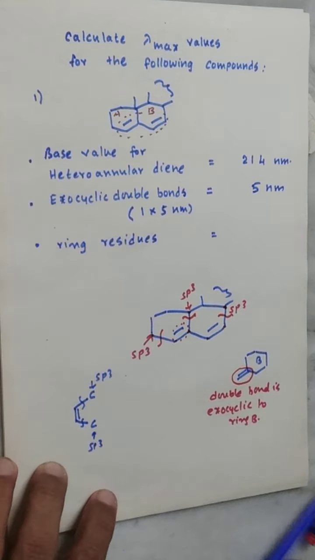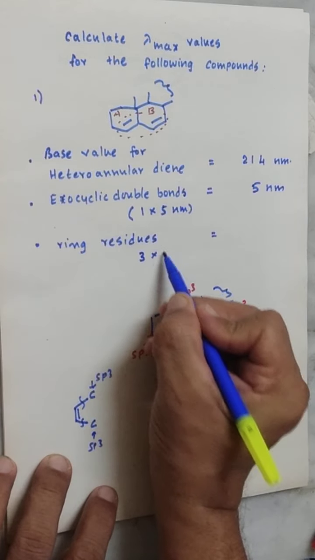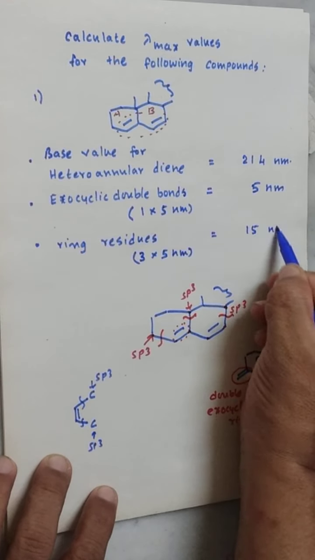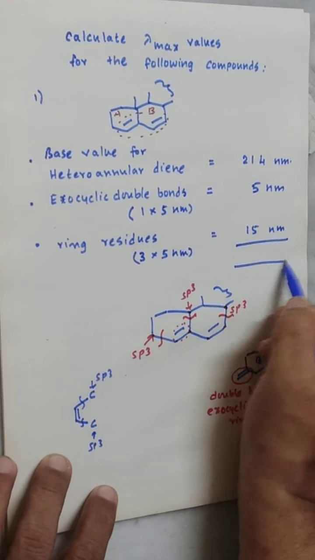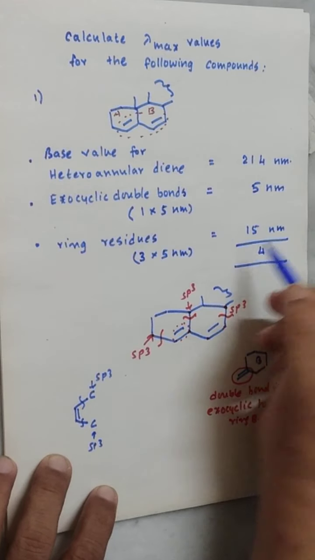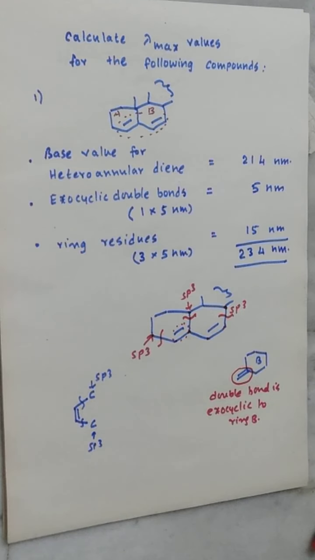So there are only 3 ring residues. Therefore for each ring residue the value is 5 nanometers. So 3 into 5 nanometers is equal to 15 nanometers. Over, your answer is over. So just add it, 214 plus 5 plus 15, this is 234 nanometers. So first example is over.